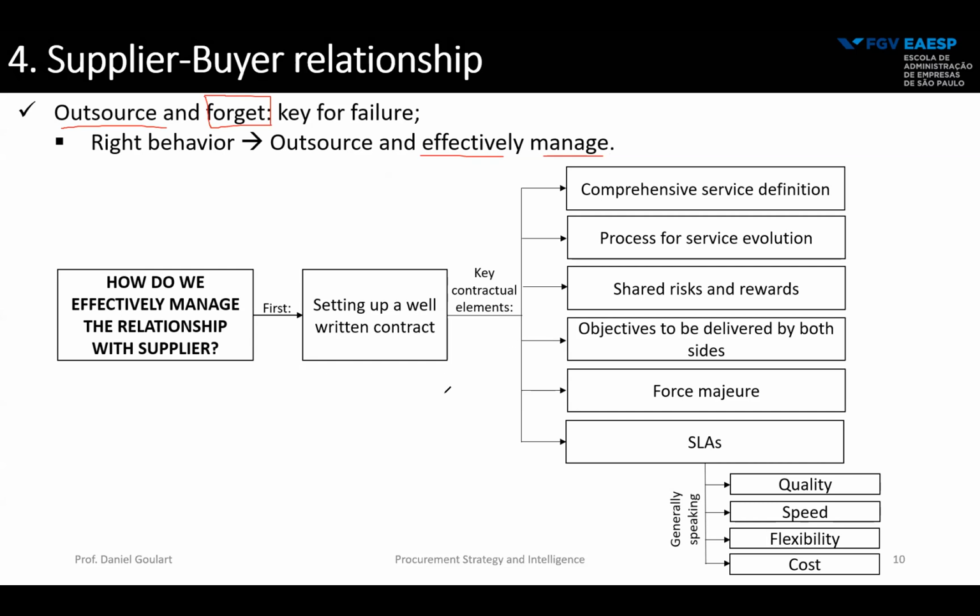One way to manage, or one way to drive the relation between buyer and supplier, is using strong, well-written contracts. I'm not saying that a contract needs to be strong in terms of legal execution. I used to say in my professional activity, nobody wants to execute a contract. Nobody wants.